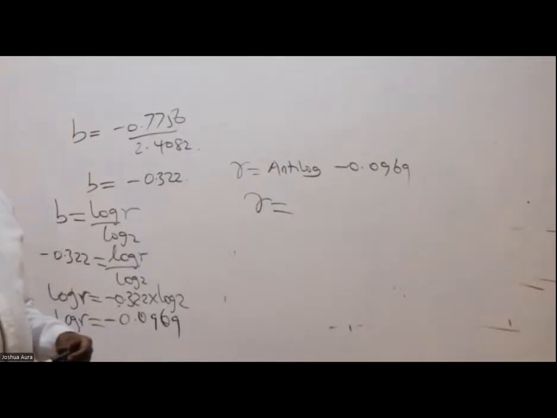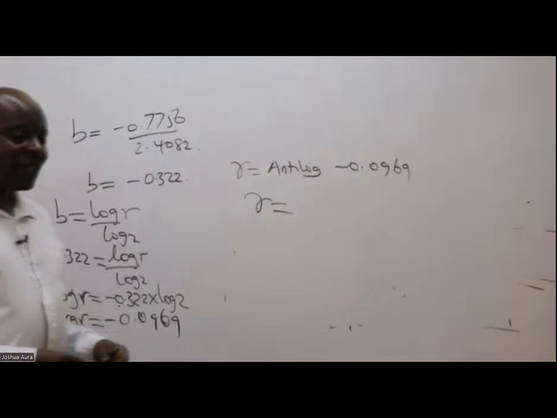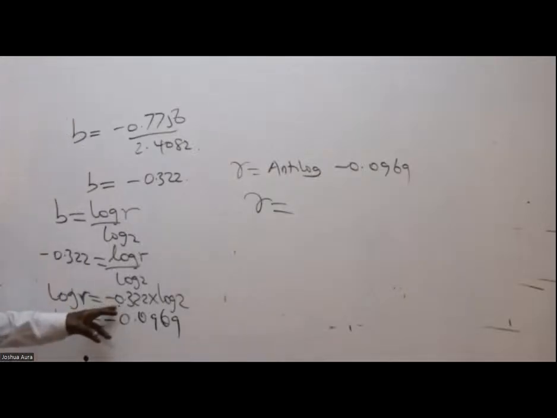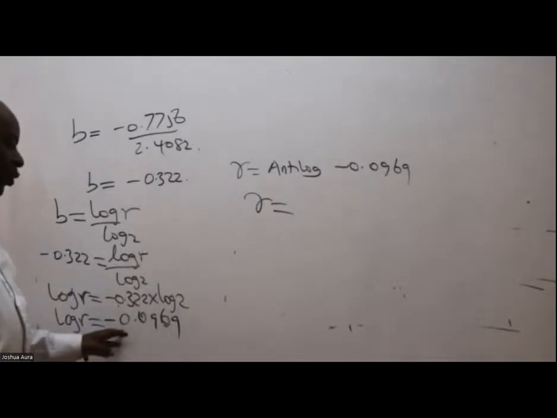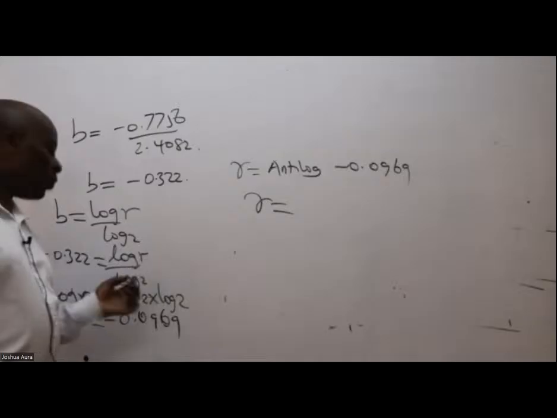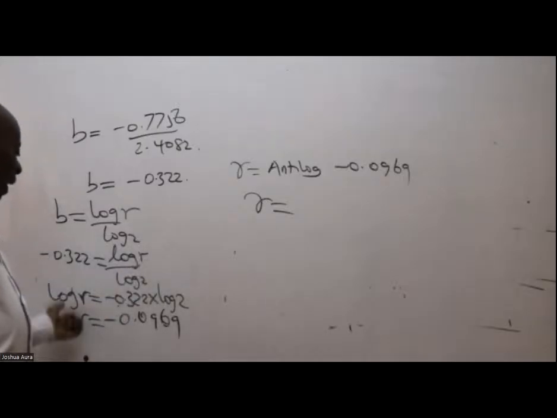Okay. Eric, at last where we left this thing was here, right? So then we have log R equals this. Eric, you can confirm this times this, right? You'll be able to get negative 0.0969. And then remember, at the end of the day, what you want is R. So this log has to cross over.